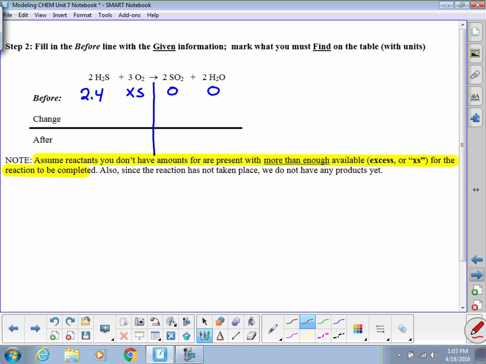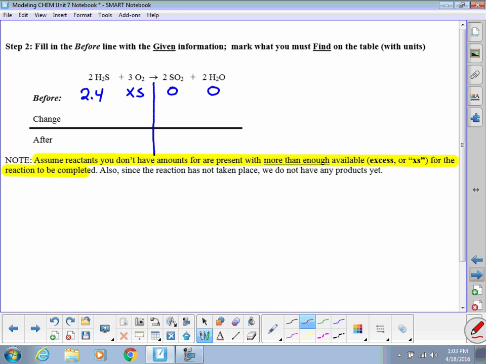Step 2, after the balanced equation, is to fill in the before line with the given information. Mark what you must find on the table with units. Assume reactants you don't have amounts for are present with more than enough available, in excess. If you go back and read the question, it only tells us that we're starting with 2.4 moles of H2S.